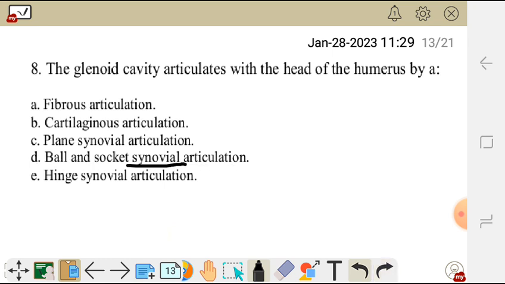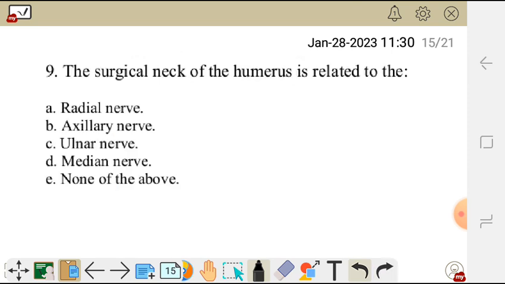It is synovial because it is movable and it has synovial fluid. So the correct answer for question 8 is D: the glenoid cavity articulates with the head of the humerus by the ball and socket synovial articulation. We move on to question 9.